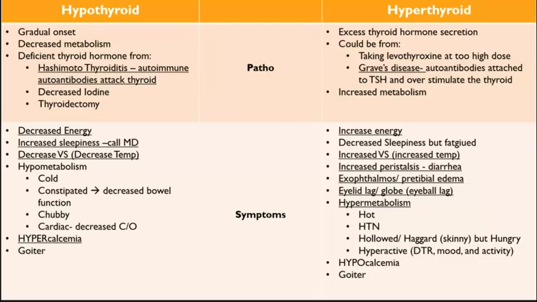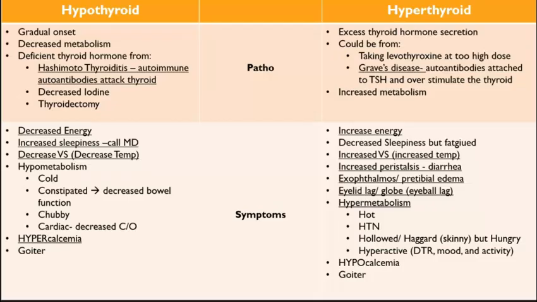It could be having the gland removed, where your hyperthyroid is taking too much levothyroxine, or it could be Graves' disease, where they have those autoantibodies attached to the stimulating hormone, and it's kind of attacking the thyroid to release more T3, T4.